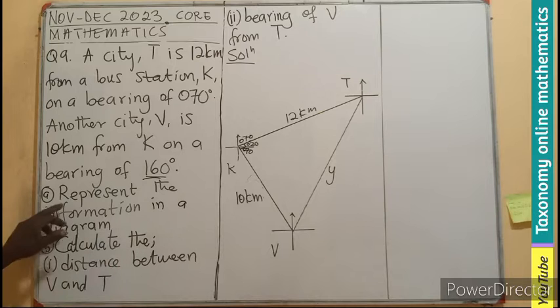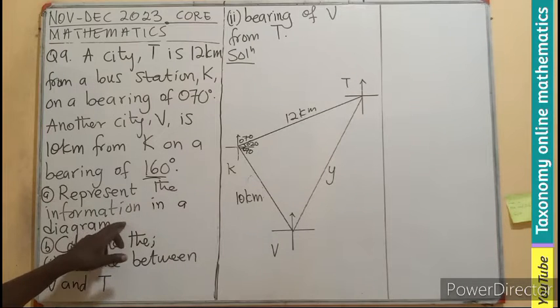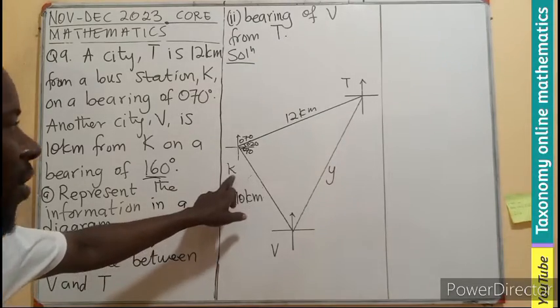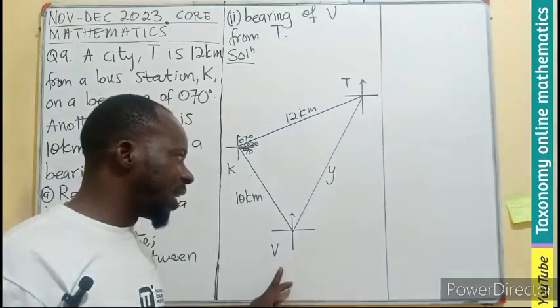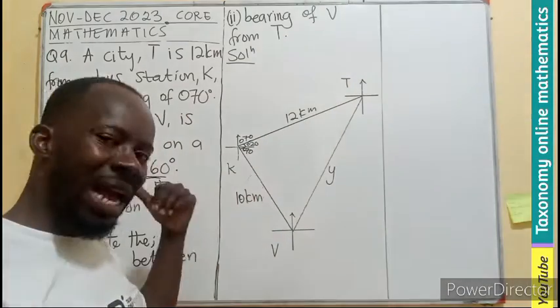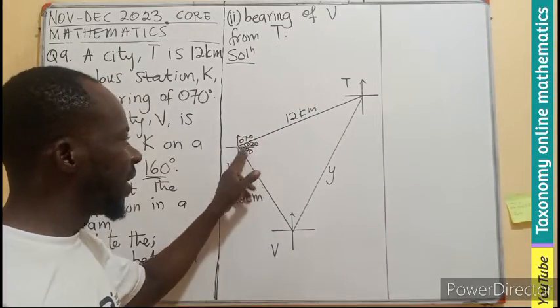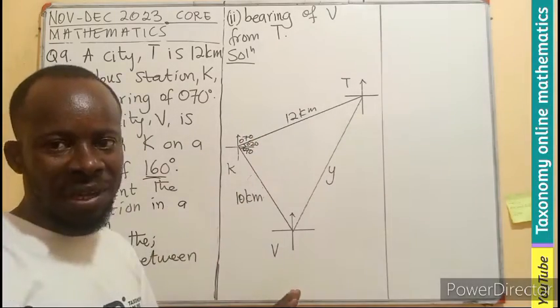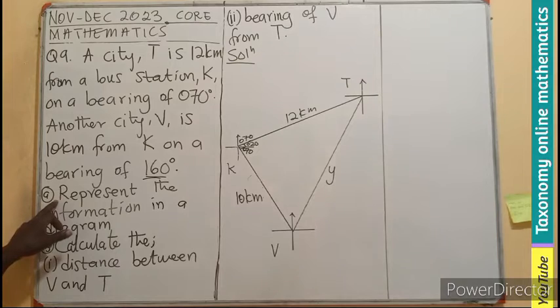So the first thing is to represent the information in the diagram. And exactly that is what we have done. We are seeing the town K, we are seeing T, we are seeing V, we see 12 kilometers in the question, 10 in the question, 160 and 70. They are all represented. So the first part is dealt with.